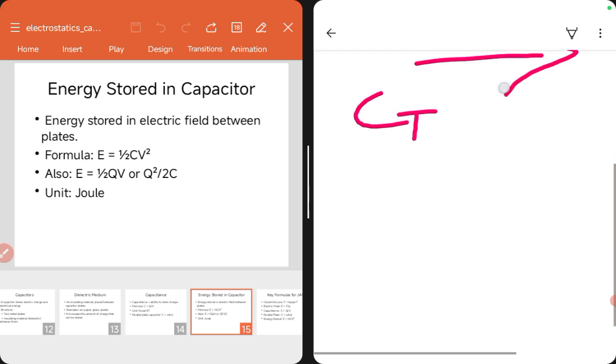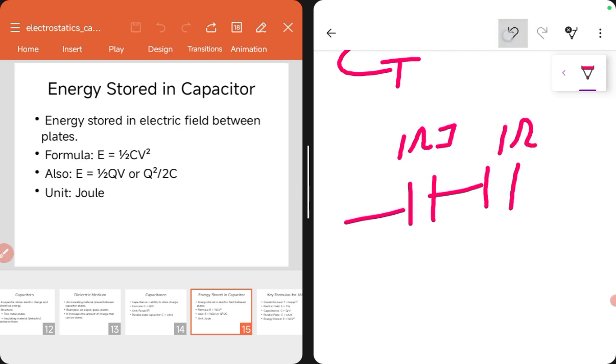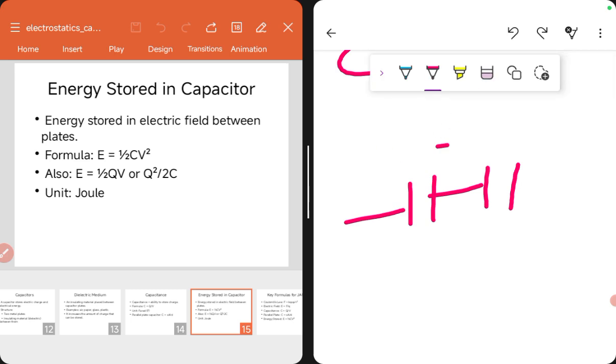But if they're in series like this, I have 1 microfarad connected to another 1 microfarad. Oh, sorry, I'm drawing something that looks like resistance.